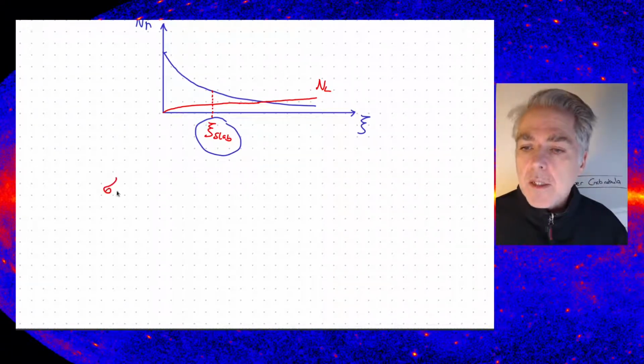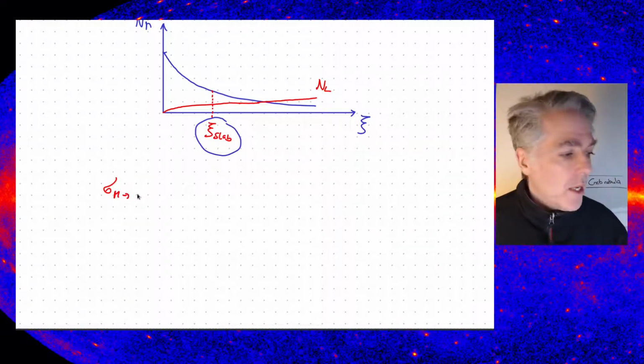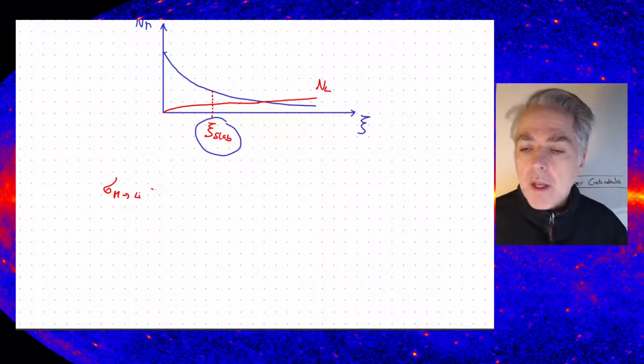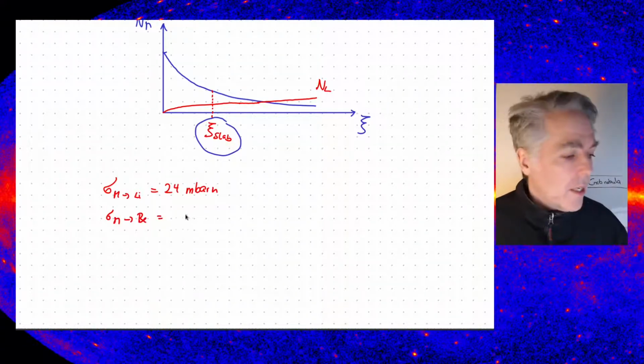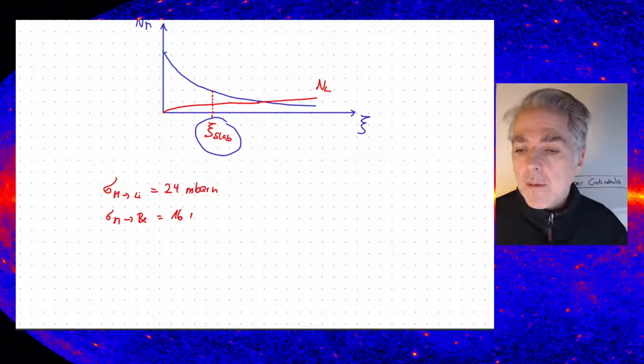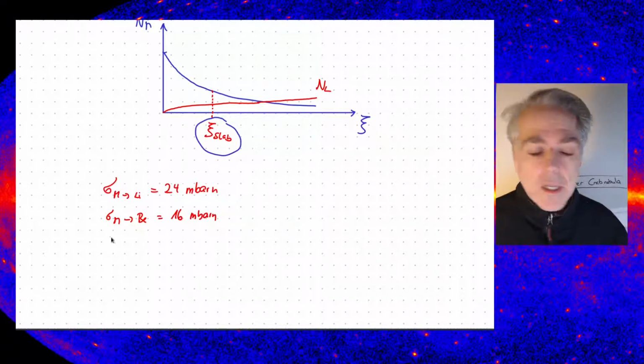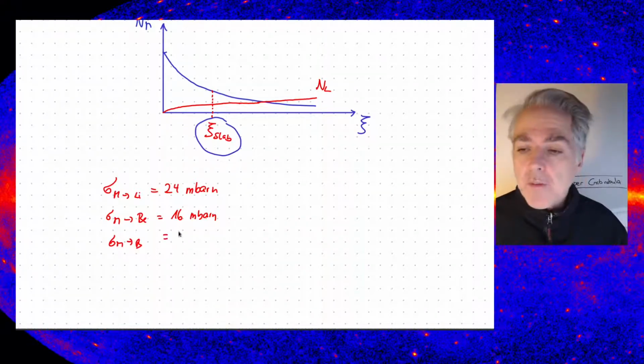We've got the cross section for any of the medium elements to become a lithium. That is 24 millibarn. And for the beryllium final state, we get about 16 millibarn. And for the boron final state, we have about 35 millibarn.